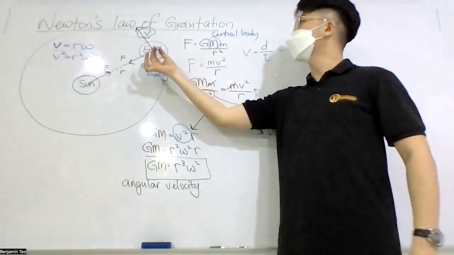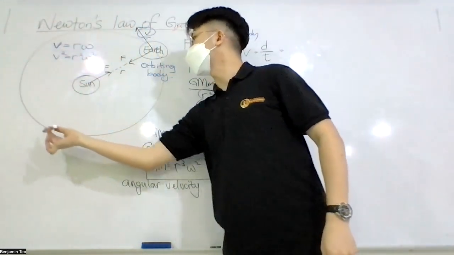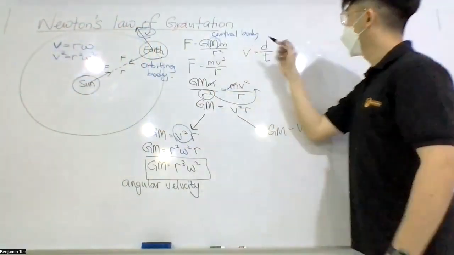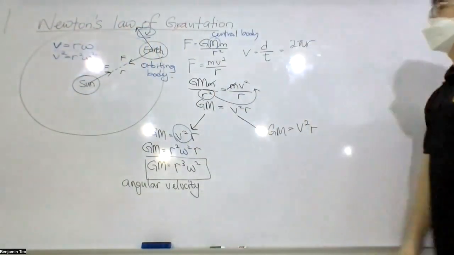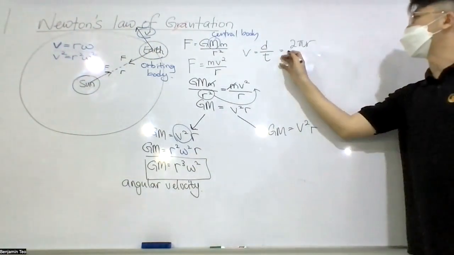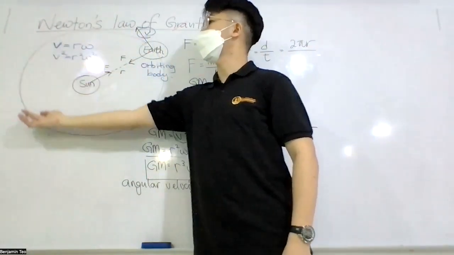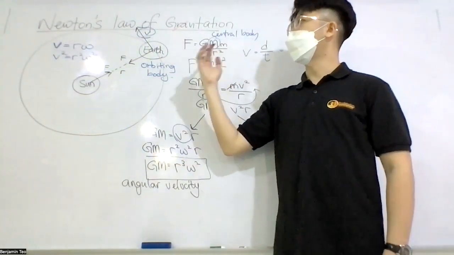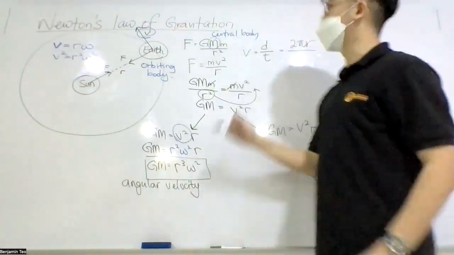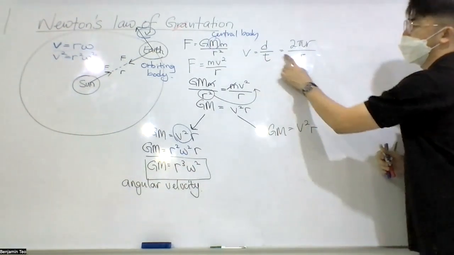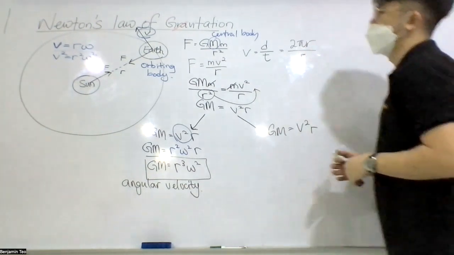For the circular motion, distance will be the distance traveled at the circumference, this will be 2 pi r. Time is the time that you go one circle. Time for one cycle, that is period. So here I will write period, T.